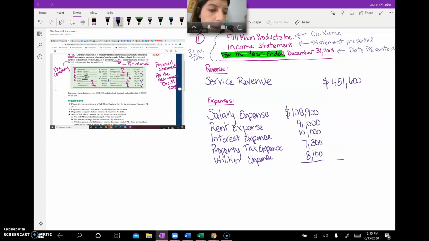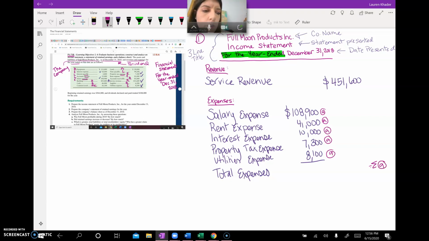And I believe what they're going to have you do is have an extra line. You're going to put total expenses. Okay. And what it's going to have you do is add up all of these expenses. So I can just put A, and from your math classes, I'm going to do a little sum of A's.